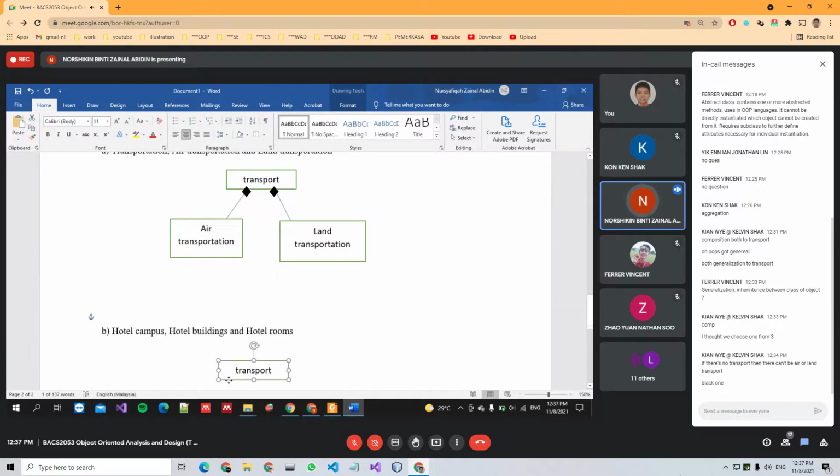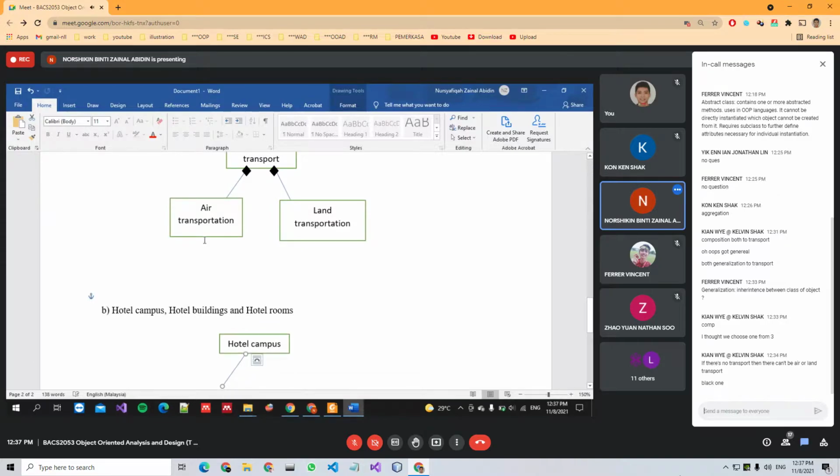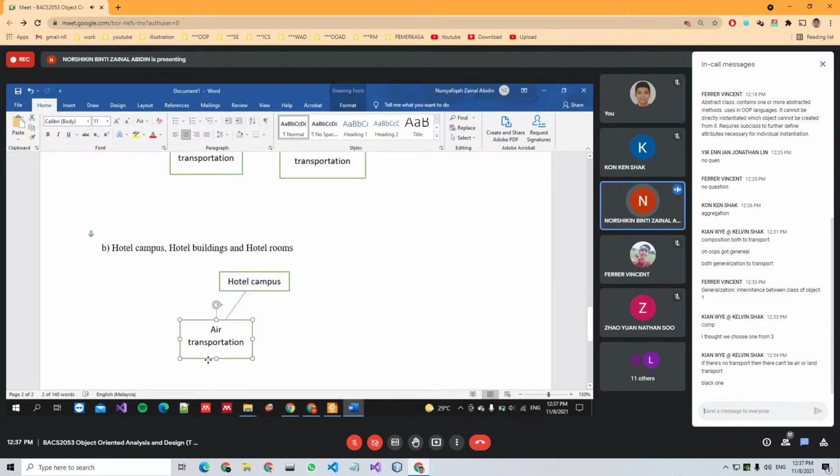This one is more or less the same as the example in our tutorial a few weeks ago on the kitchen in the house. If we remove the house, can we still have the kitchen?